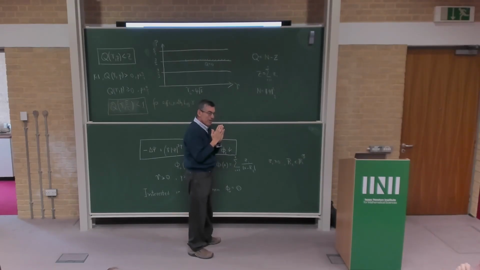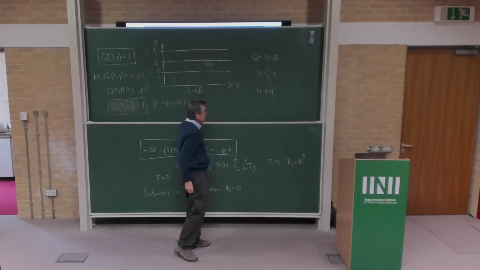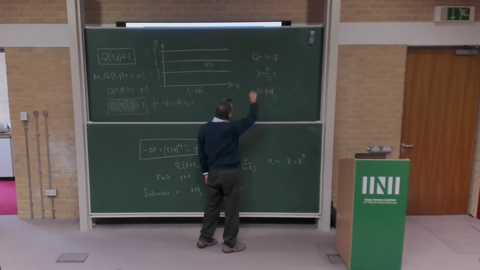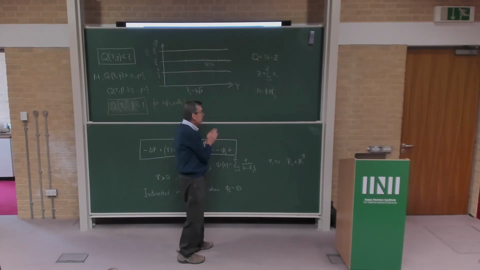No, sorry. In physics, N is an integer, but here in math, N can be anything. I call it N because I'm a physicist, but N is not necessarily an integer. So N is the true norm of psi. And Q is N minus C, the difference between the total charge of the electrons and the total charge of the nuclei, and we call that the excess charge.